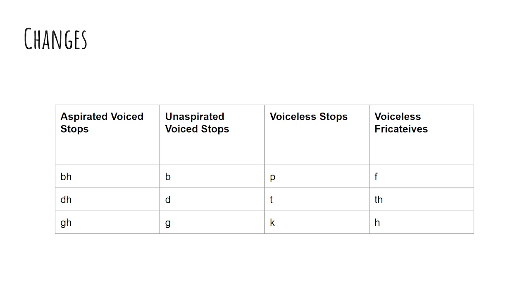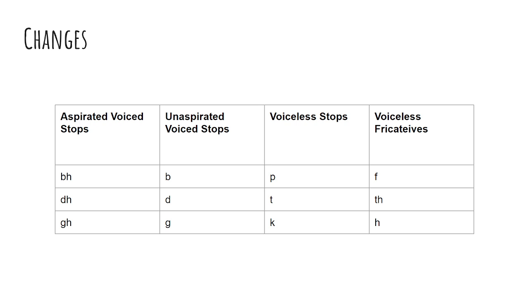To tabulate the changes, the aspirated voiced stops bh, dh, and gh become unaspirated voiced stops b, d, and g, and they in turn become voiceless stops p, t, and k. These are finally transformed into voiceless fricatives f, th, and h.